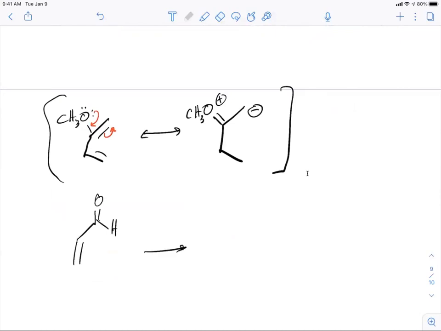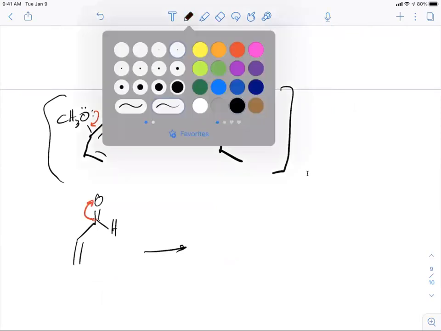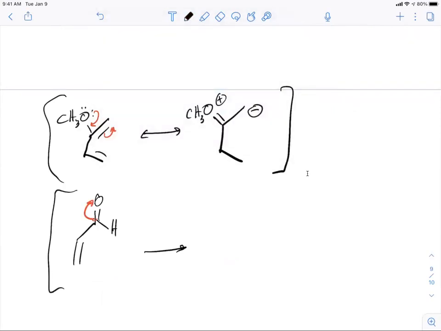And what we can do is move those electrons up to the oxygen. That's going to then give me negative here and positive. Right? And then if I draw that up again, I'm going to have my O minus and positive here.